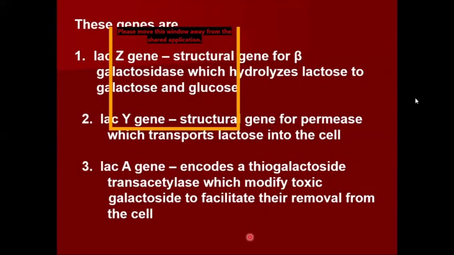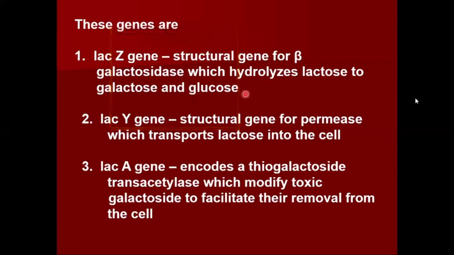So what are these genes? LacZ gene codes for a beta-galactosidase. This enzyme will hydrolyze lactose to galactose and glucose. So it is similar to lactase. It is practically lactase. Okay?